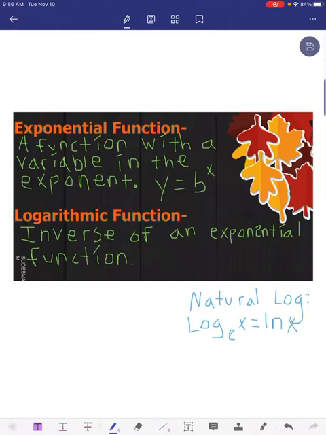And then we also have a common log, which is going to be a base of 10. And we go ahead and just drop the 10 and say that it's understood whenever I don't have a base, that I have a base of 10.